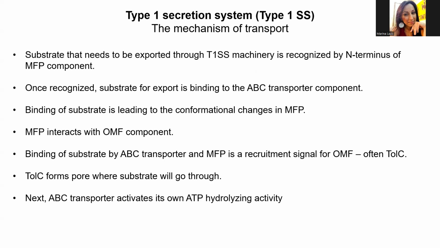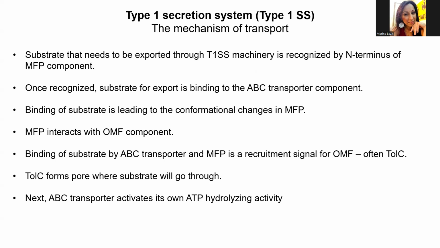Now, when the pore is created and ready for the substrate to be exported, the ABC transporter, HlyB in the case of hemolysin, will perform ATP hydrolysis, because that energy will be used to push the substrate through the TolC pore.